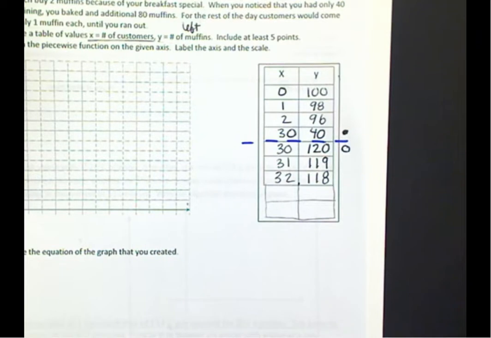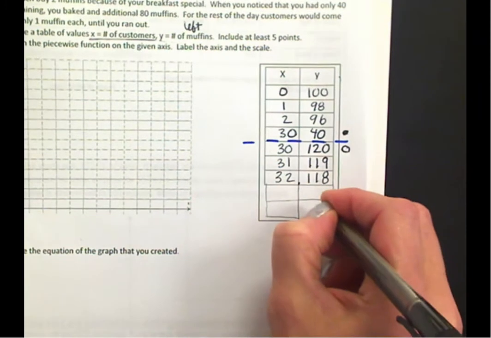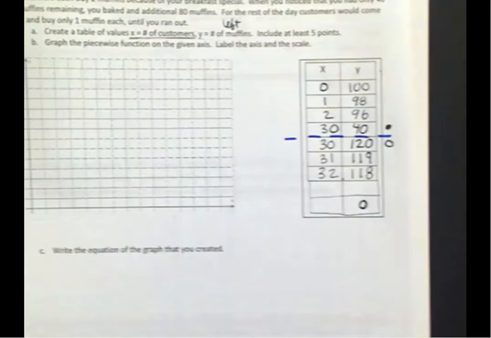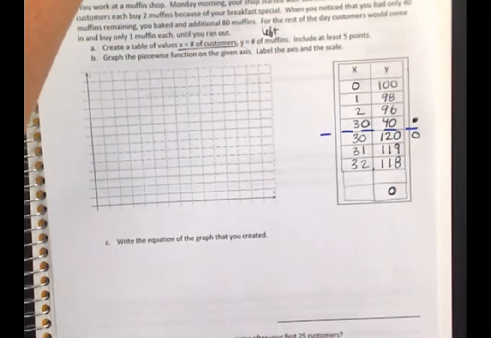You're selling muffins. I start with 100. I add 80 muffins. What's the minimum number of muffins you could have? 0. Okay, right?